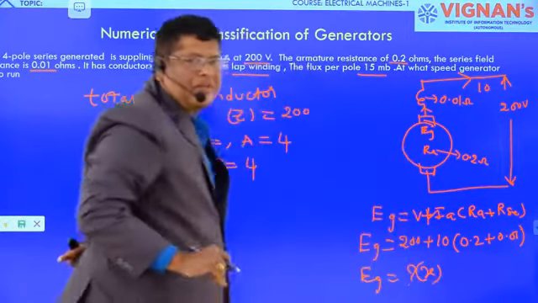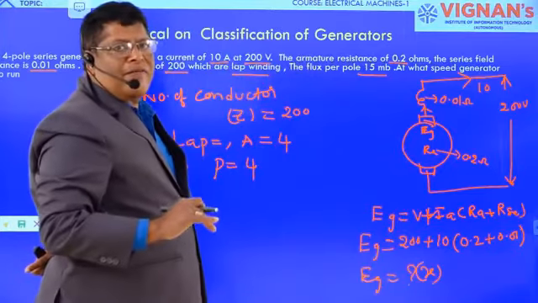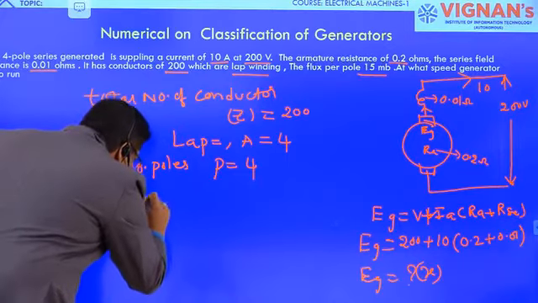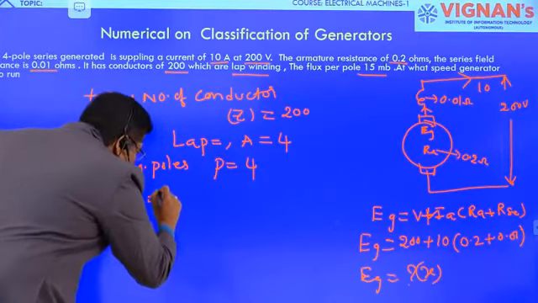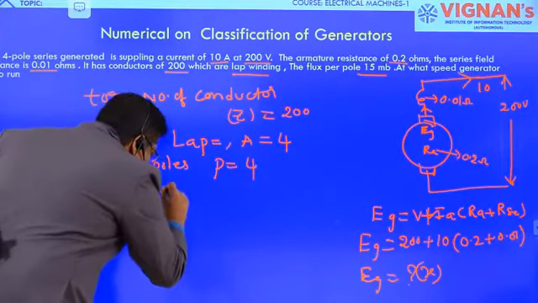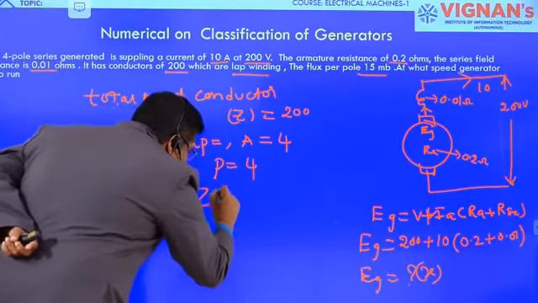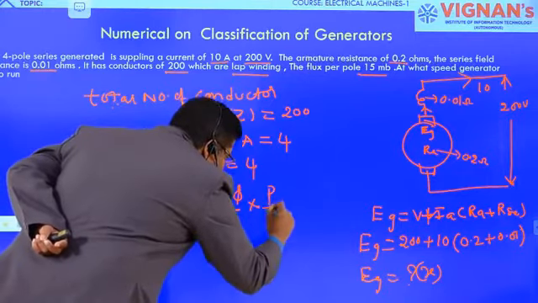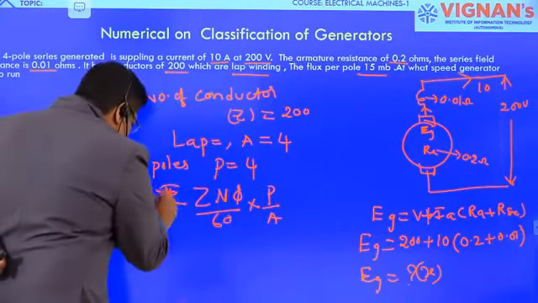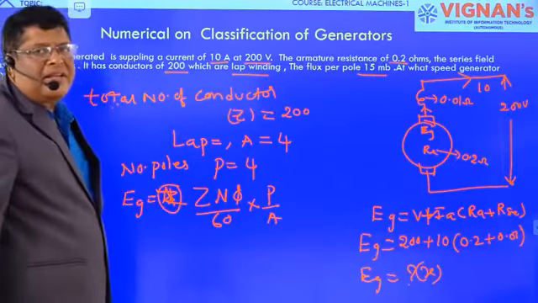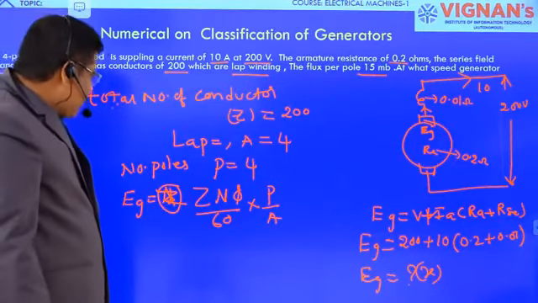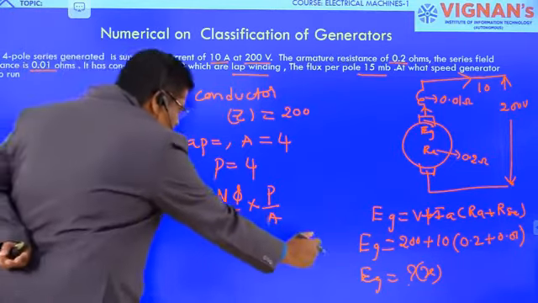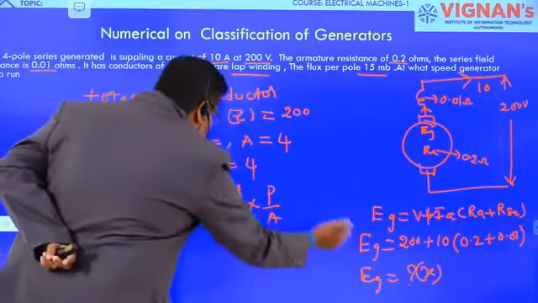We know the formula for the generated voltage in a generator: EG equals Z n pi by 60 into P by A. We know this value.